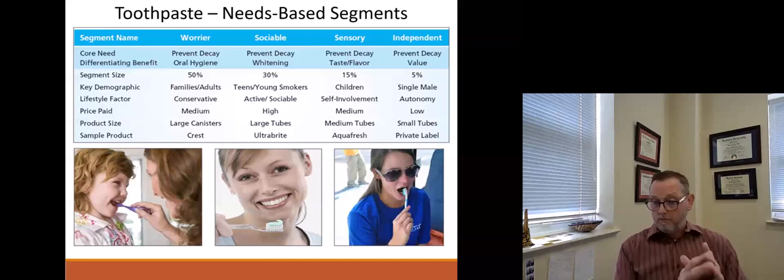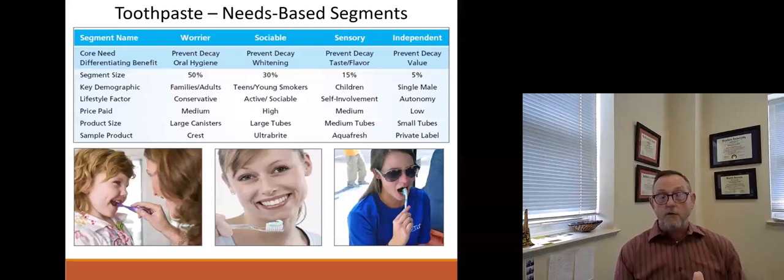The sociable group, tooth decay as well, but also whitening features. And then sensory, prevent decay, taste and flavor. And then the independents are more drawn towards value. Now you can see how we have different sizes for each of these 4 market segments that are driven by these differentiating benefits as it's explained here.